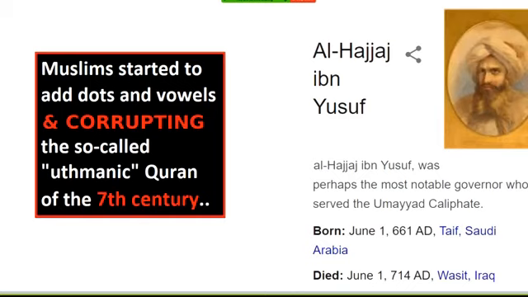The Prophet of Islam, Muhammad, said this is also Quran. So Muhammad created this problem because Muhammad is a fake prophet. That's why.